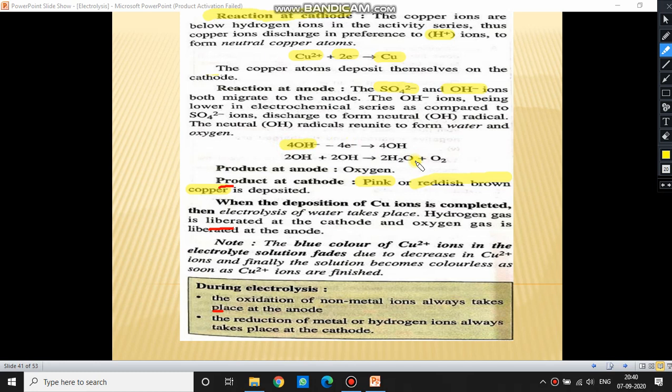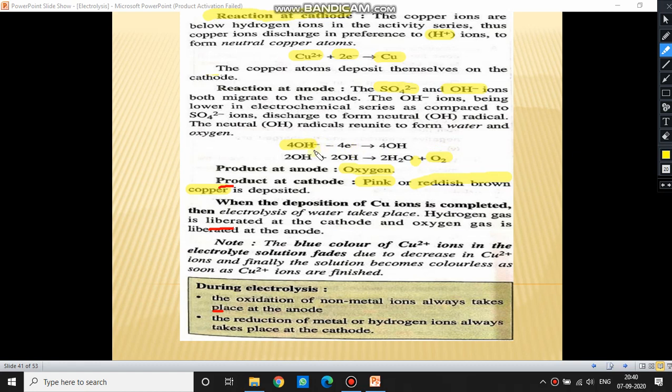See, this equation was backtracked because we got the observation that oxygen gas is formed at anode. So when actually working was done, it was found that this oxygen gas can only be formed if we start our reaction with 4OH minus.